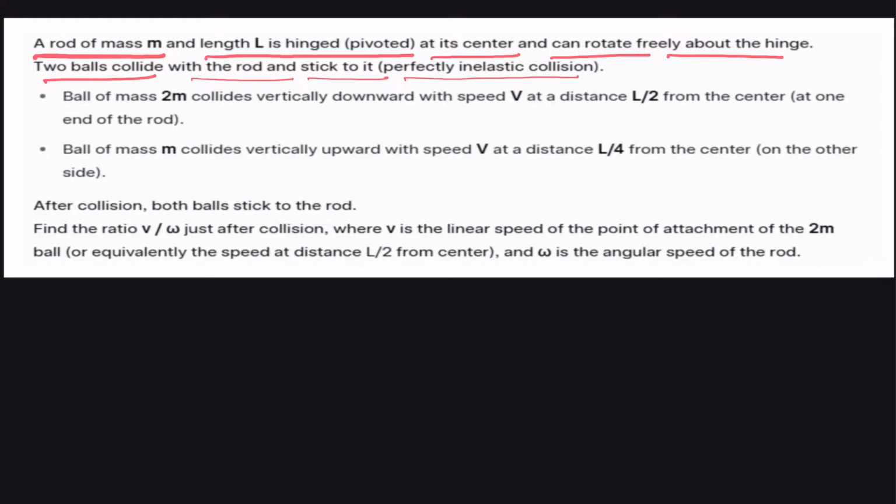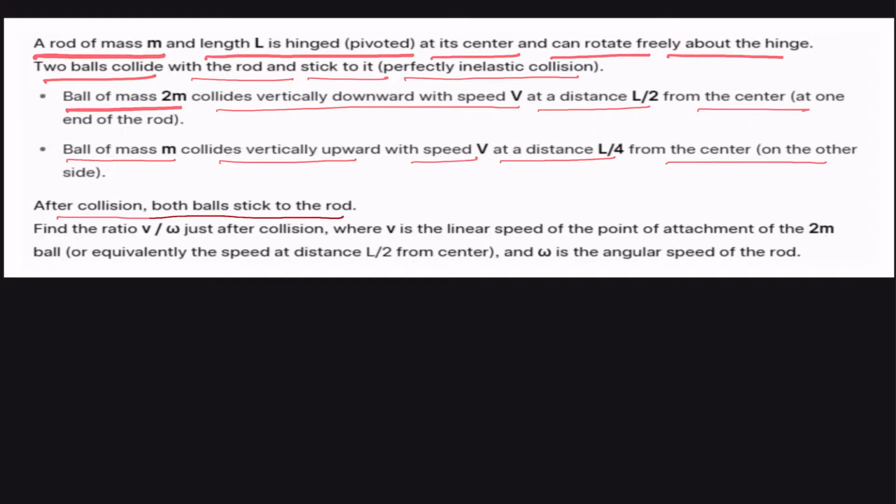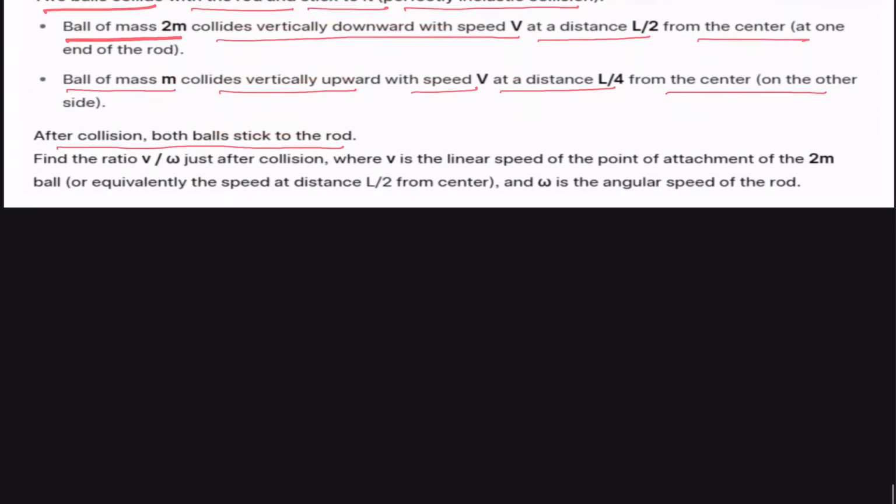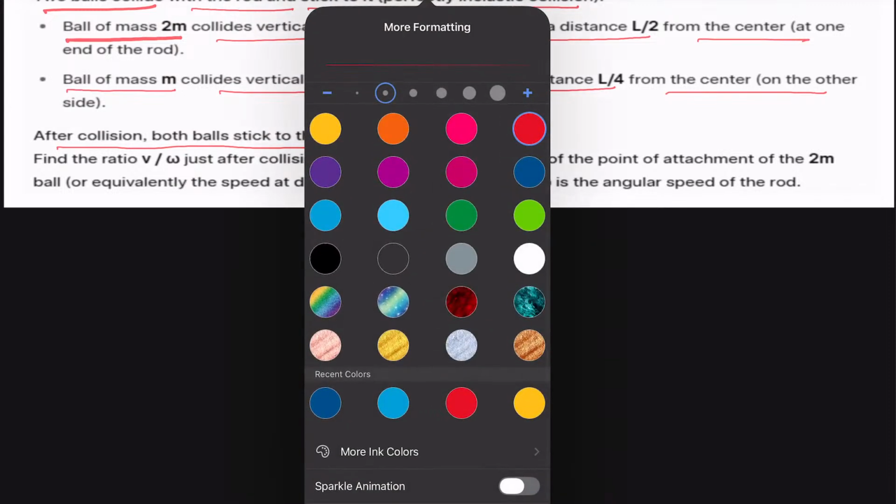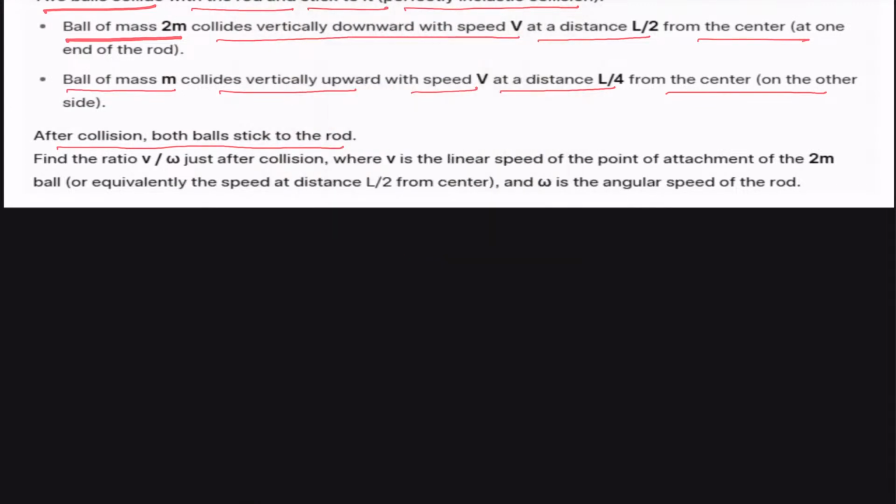The ball of mass 2m collides vertically downward with the speed v at a distance L by 2 from the center. The ball of the mass m collides vertically upward with the speed v at a distance L by 4 from the center. After the collision both balls stick to the rod. Find the ratio. This relationship is our capital V upon omega, okay, not small v.